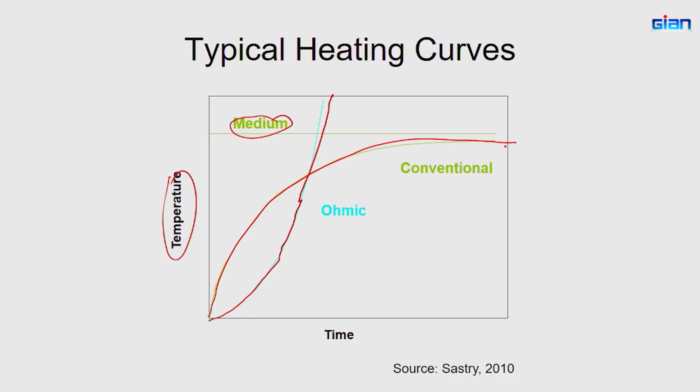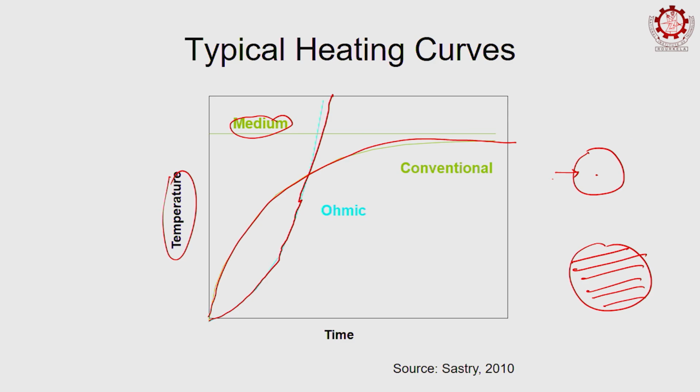In the case of conventional heating, you have conduction and convection heat transfer, so the heat has to travel from outside to inside, which is a slow process. Whereas in the case of ohmic, the whole volume is heated, so the heating is much more uniform under those conditions.